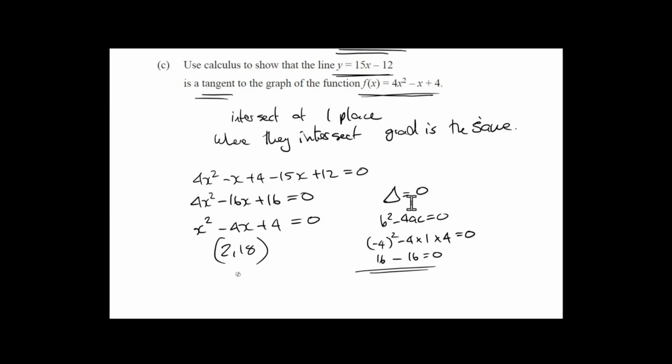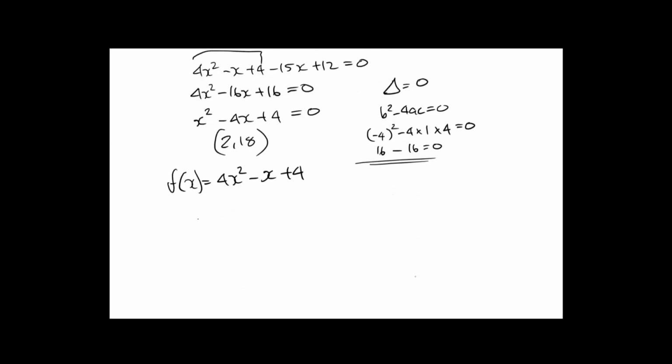So the original equation here is 4x squared minus x plus 4. I guess it's the same as the one that's up here. That makes sense. And then if we differentiate that, we've got 2 times 4, 8x to the power 1, minus 1.